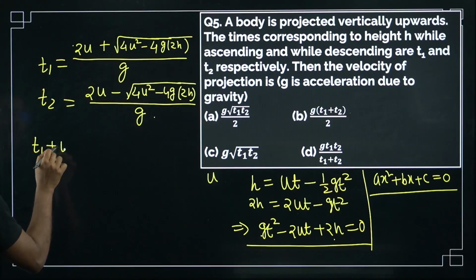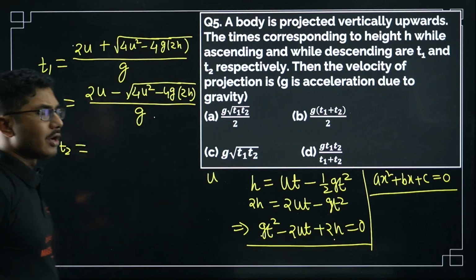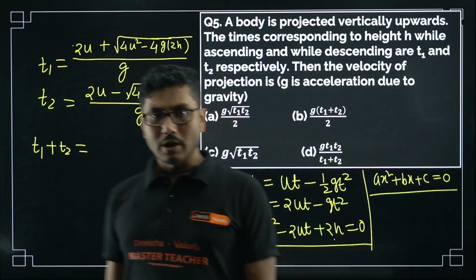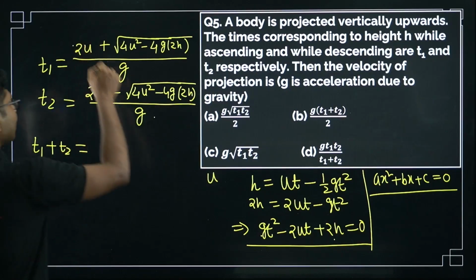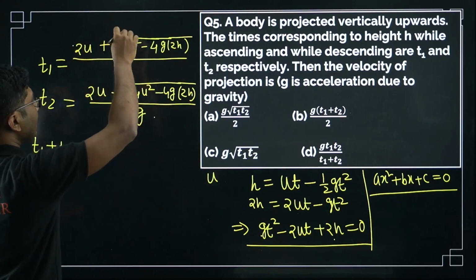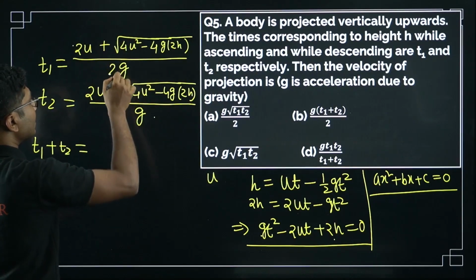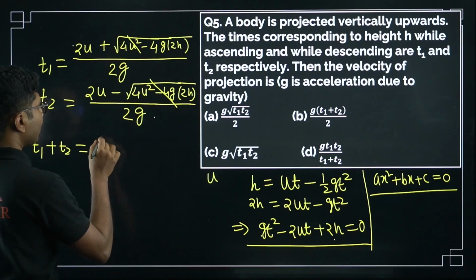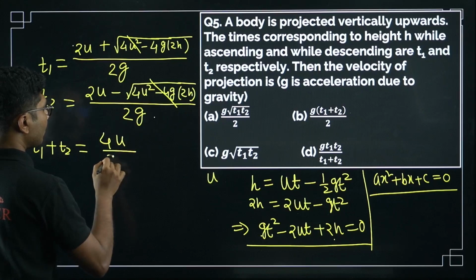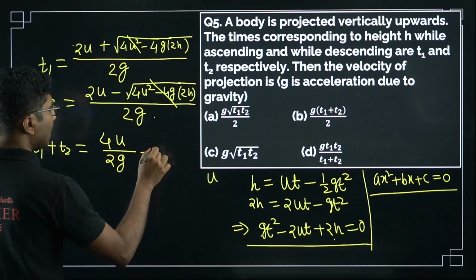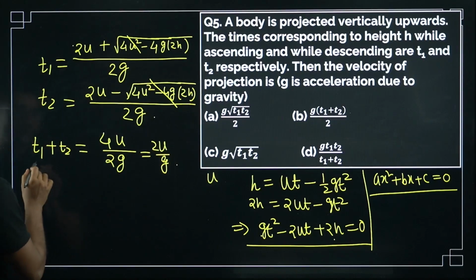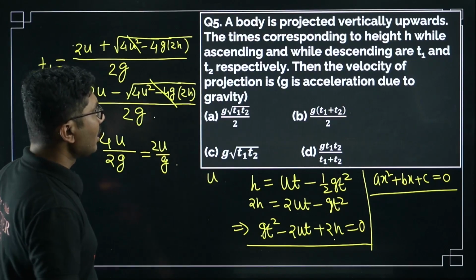You can also use the formula for the sum of the roots; that is applicable as well. If you add them, there is a 2g over here that cancels, and you get 4u by 2g, that is 2u by g. So t1 plus t2 equals 2u by g.